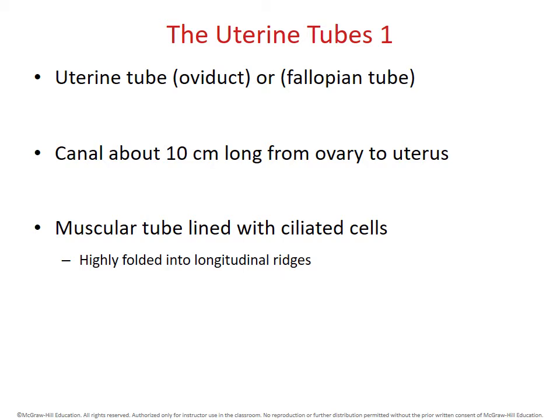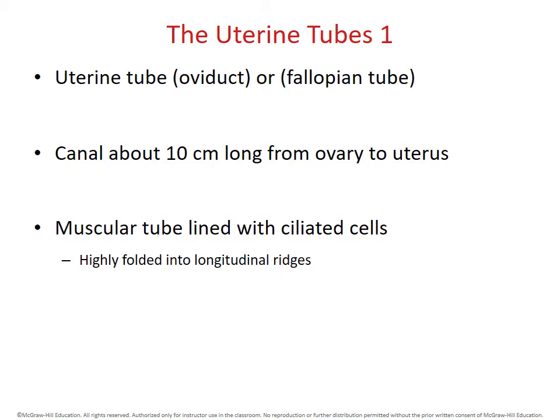One other interesting thing to note about the uterine tube in terms of timing, if an oocyte is going to be fertilized by a sperm cell successfully, and then successfully implant on the wall of the uterus afterwards, the fertilization event has to happen while the oocyte is traveling through the uterine tube.